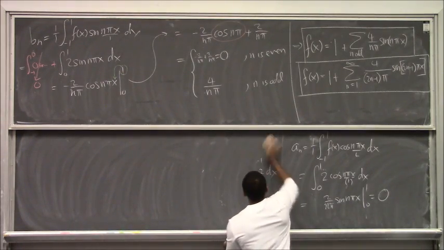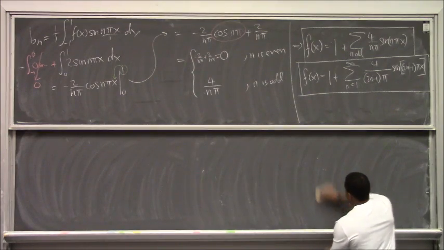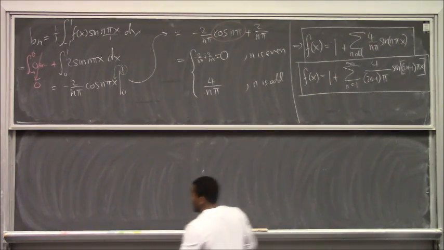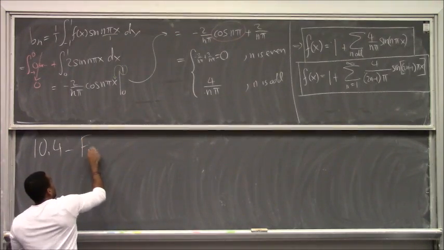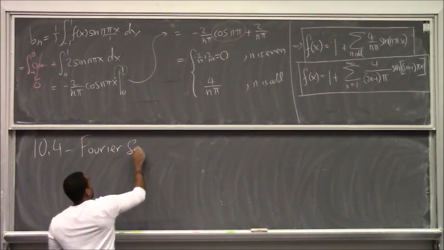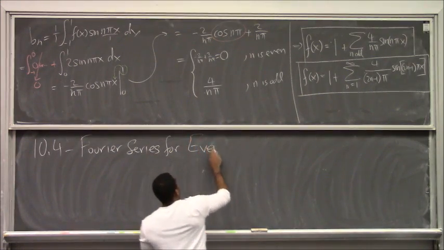This leads us into 10.4, where it talks about Fourier series for very particular kinds of functions. Even and odd functions.